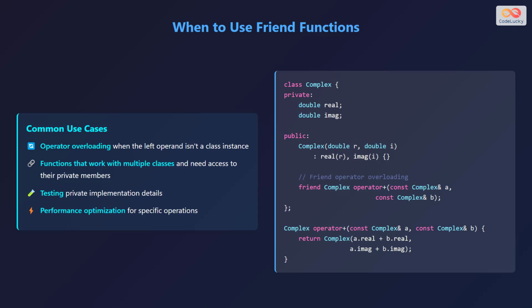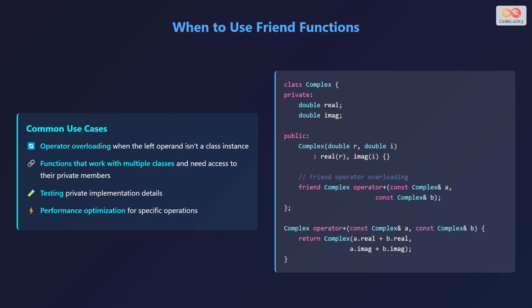Friend functions should be used judiciously, as they can weaken encapsulation if overused. However, there are specific scenarios where they can be quite useful. A common use case is operator overloading, especially when the left operand isn't a class instance. For example, overloading the output stream operator to print class objects. They're also handy when you have functions that need to work with multiple classes and require access to their private members.